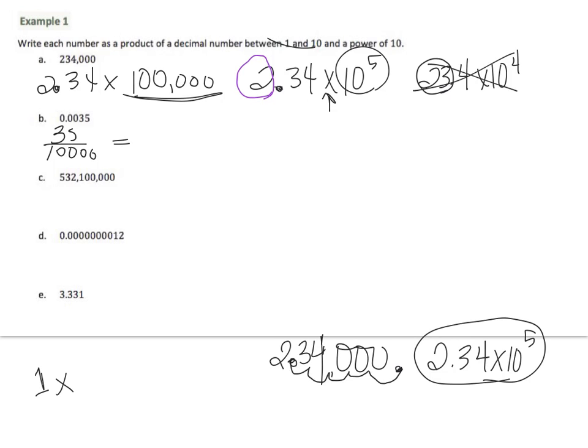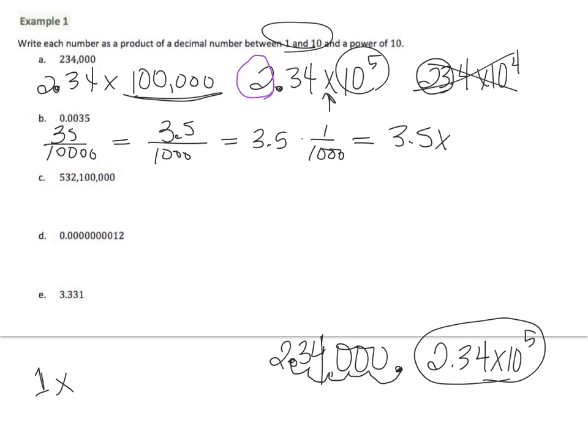Or if I look at I need between a number of 1 and 10, that's like 3.5 over 3 zeros, which is the same as 3.5 times 1 over 1,000, which is 3.5 times 10 to the negative 3rd. Or if I go back to this method, I'm moving it 1, 2, 3 places.